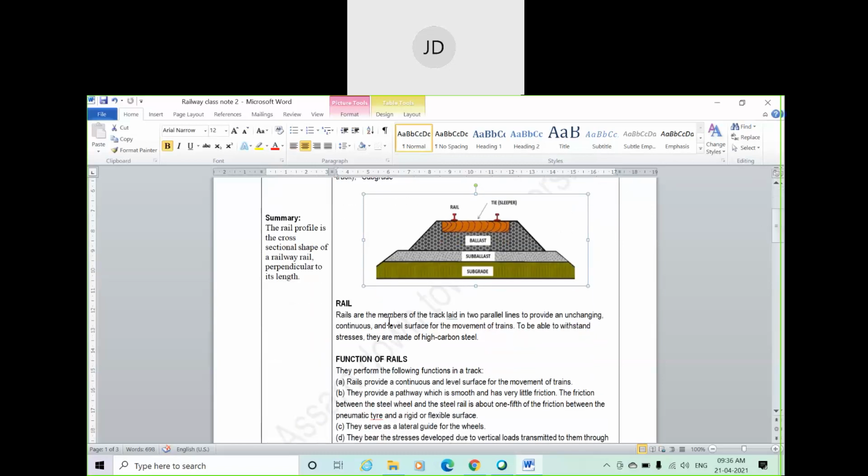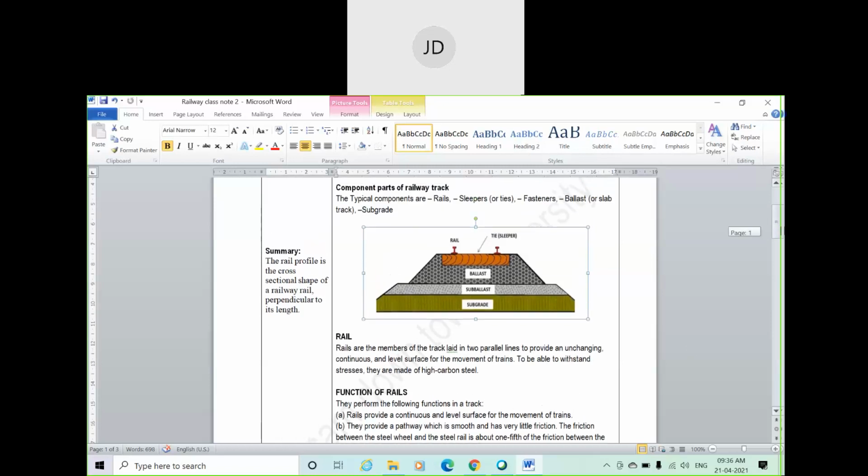Let me check. Yeah. Rails are the members of the track laid in two parallel lines to provide an unchanging, continuous, and level surface for the movement of train. To be able to withstand stresses, they are made of high carbon steel. So this is a basic definition of rail.